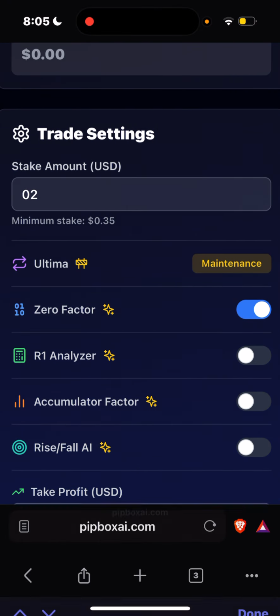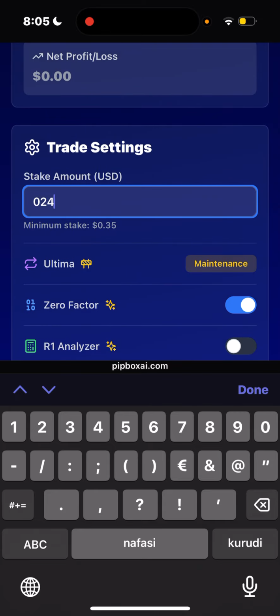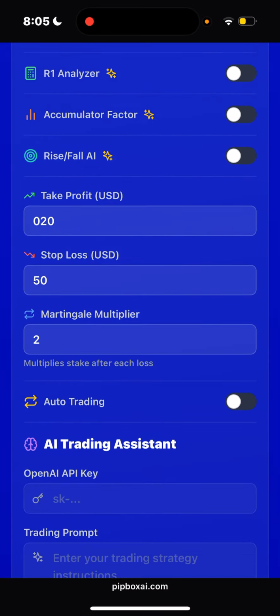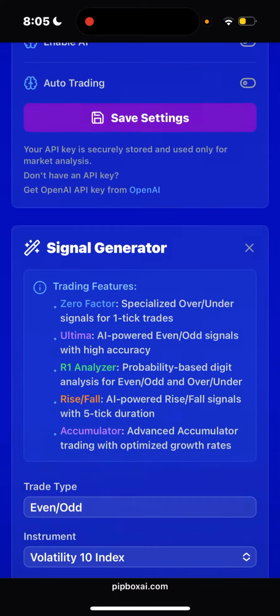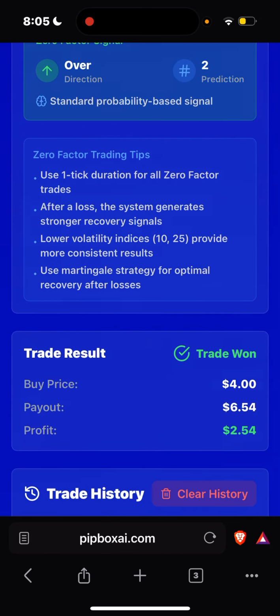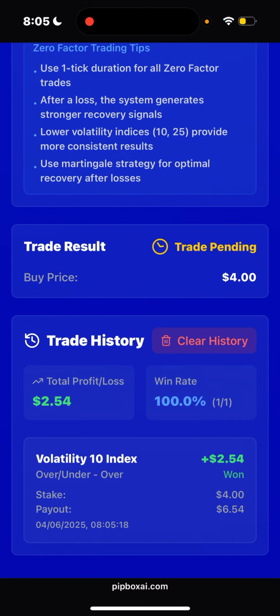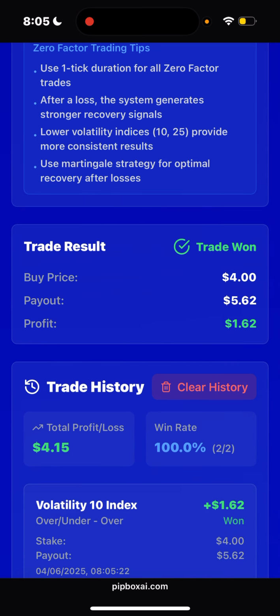So let's change our stake to 3 to 4. I want to use a stake of 4 because you can see how the last trade went. We had a win rate of 100%, which is very rare with any other bots that you can get or purchase out there.